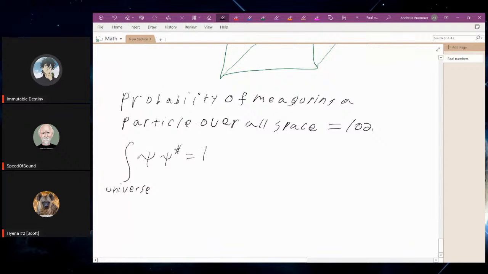So when I look for some particle everywhere in the universe, there must be some place where this particle exists. And the square of psi tells me about the probability. Great.